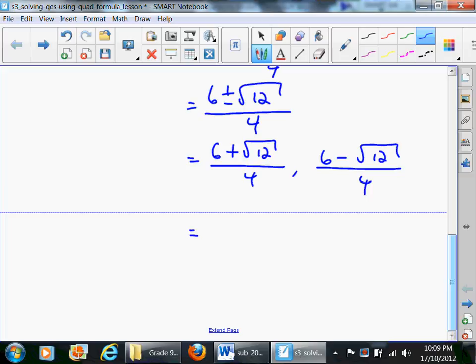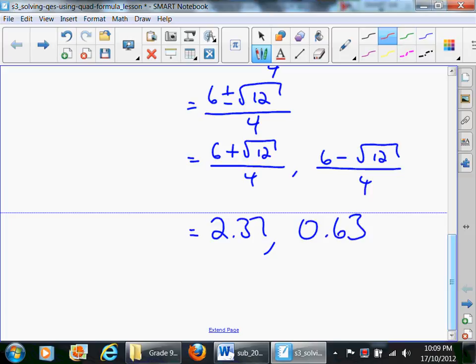But basically what we have here is 6 plus the root of 12, divide that by 4, and I get, to 2 decimal places, 2.37 for the first root. And for the second root, I get 6 minus the root of 12, divided by 4 equals 0.63.